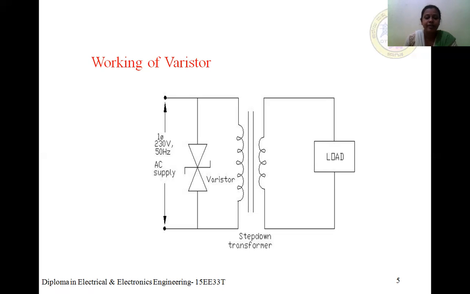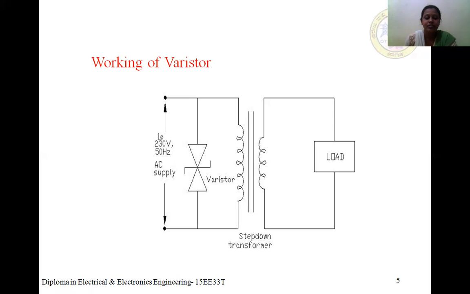But when the surge voltage exceeds the clamping voltage of the varistor, the resistance of the varistor decreases rapidly, and this directs the fault current through the varistor, bypassing the circuit to be protected.